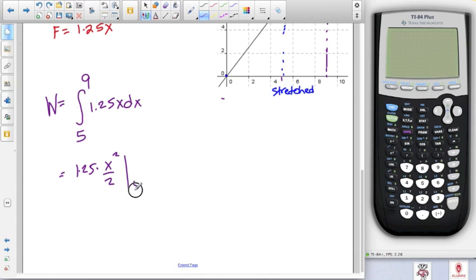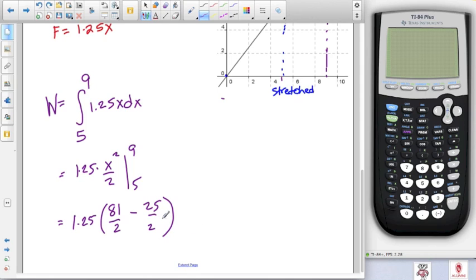Now we're going to have to evaluate that from 5 to 9. And so evaluating that, let's see, 1.25 divided by 2. Well, let's not worry about that. We'll just keep the 1.25 out there. And so we've got 81 over 2 minus 25 over 2.